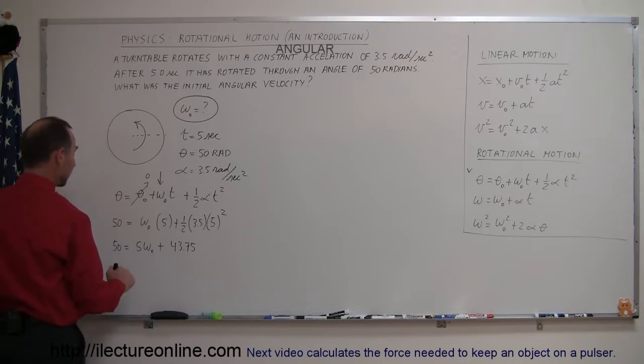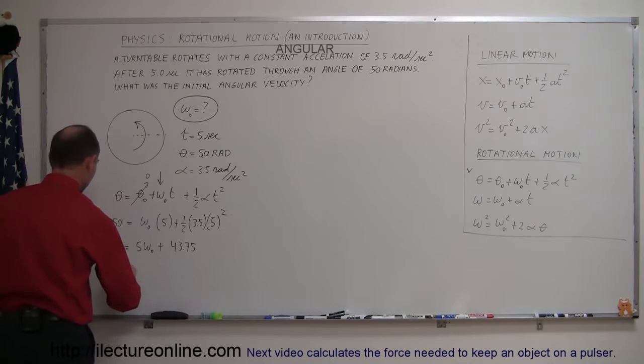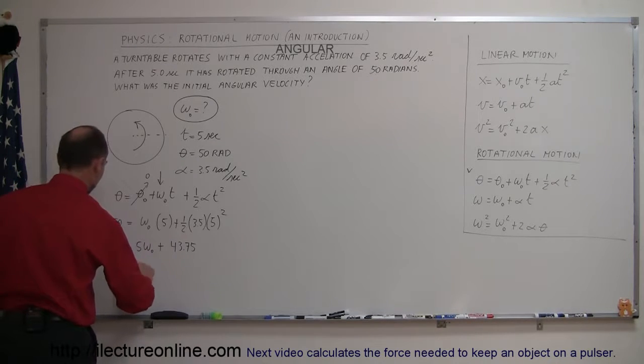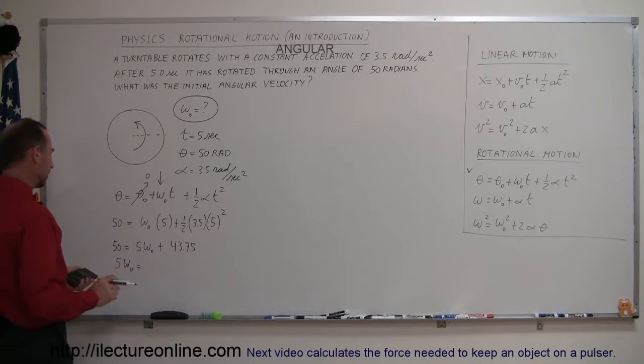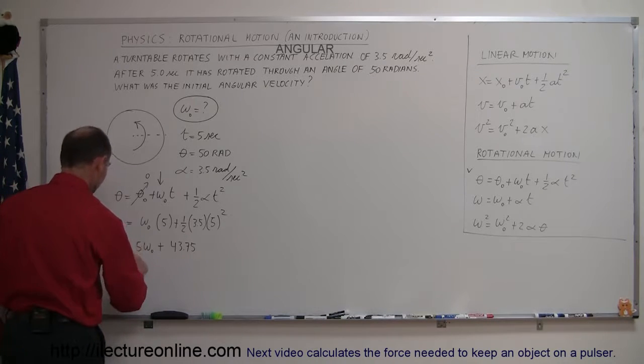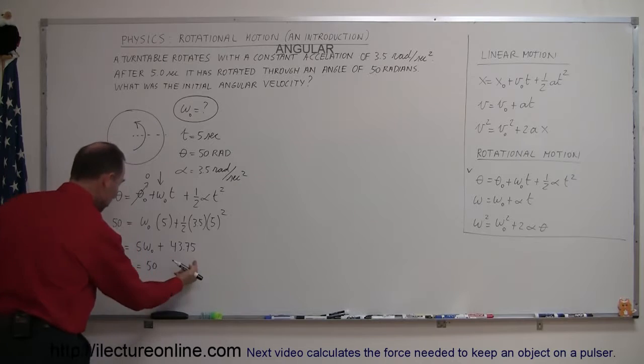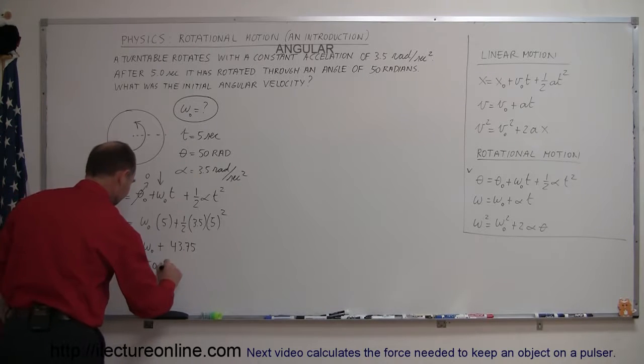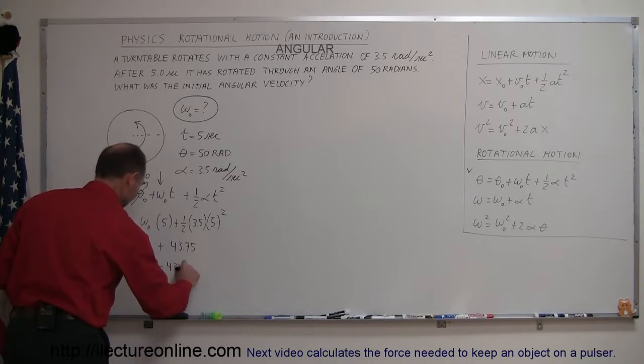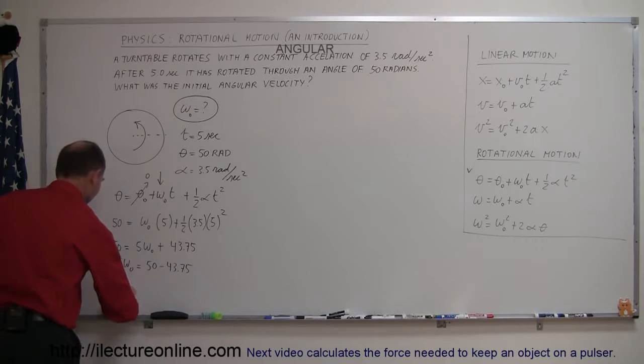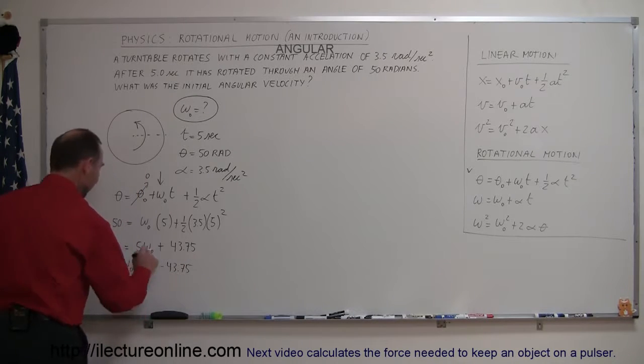Let's solve for 5 omega. So I'm going to turn the equation around. So we have 5 omega sub naught is equal to, I did call it w. It kind of looks like w, but it's actually omega. So 5 omega is equal to 50. When we move the 43.75 across, that becomes a minus 43.75. So we have 5 omega sub naught is equal to 50 minus that.